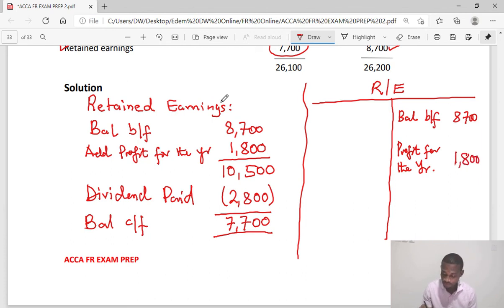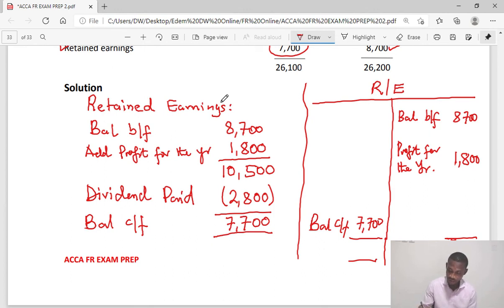Now, we have a closing balance, which would be the retained income, and that closing balance carried forward was given to us as 7,700 at the end. So if we know this detail, then we can easily balance off these accounts and find the dividend paid.